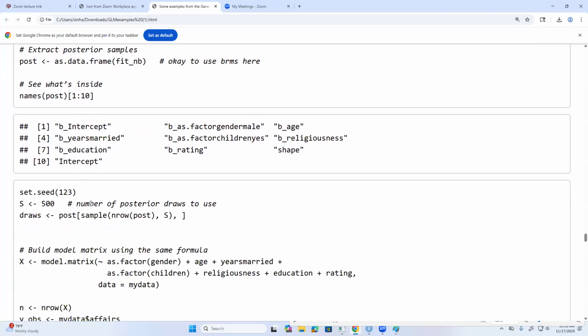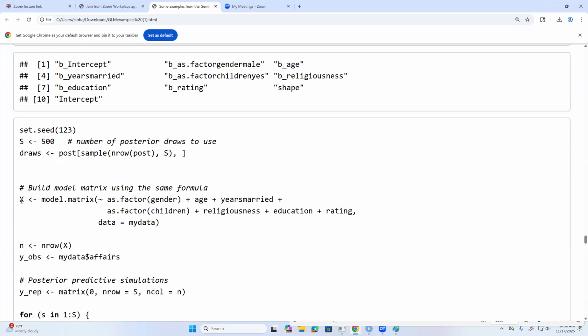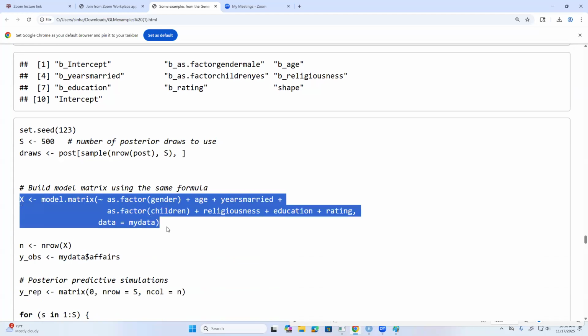So what I'll do, I'll draw, suppose, 500 observations, okay, and for our given observed covariate data, x is the observed covariate matrix.